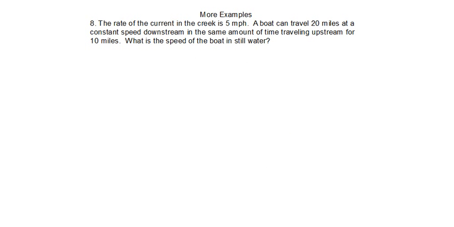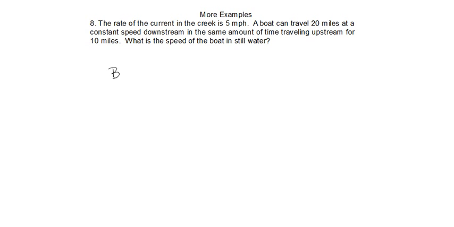If we look at this example, the rate of the current in the creek is 5 miles per hour. A boat can travel 20 miles at a constant speed downstream in the same amount of time traveling upstream for 10 miles. What is the speed of the boat in still water?